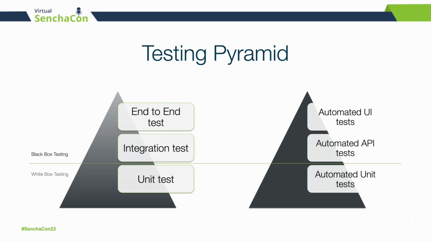Sometimes it might be a combination of both. Our automation comes at the top of the pyramid. So our UI test always covers the end-to-end test cases. Sometimes we cover the API test cases as well, but for this presentation, we'll be more concentrating on the UI part.